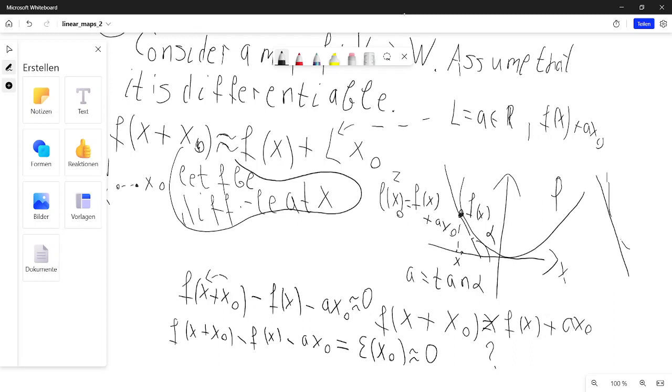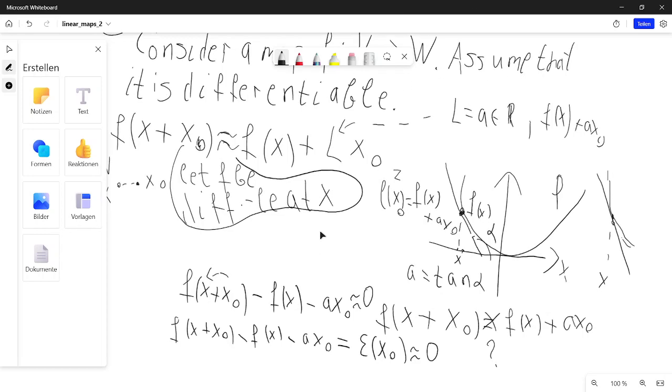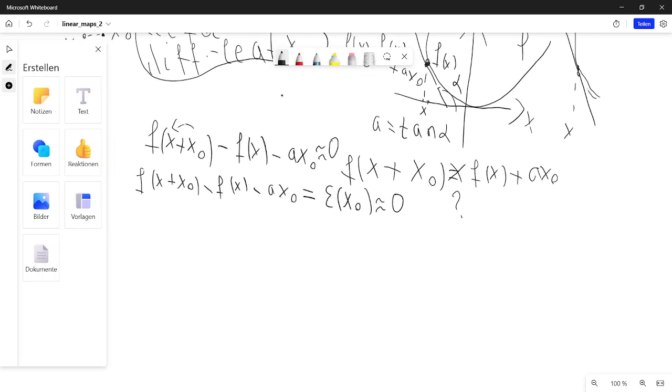And you see that the function is basically the line, but in very close proximity of this point x, right? I have just drawn this segment of a picture here. Right. So this is equal to some function that is approximately 0 in the proximity of this point x. Right. This is interesting.